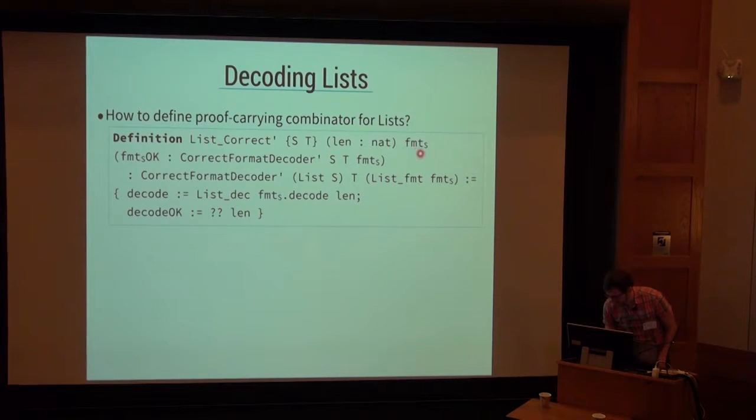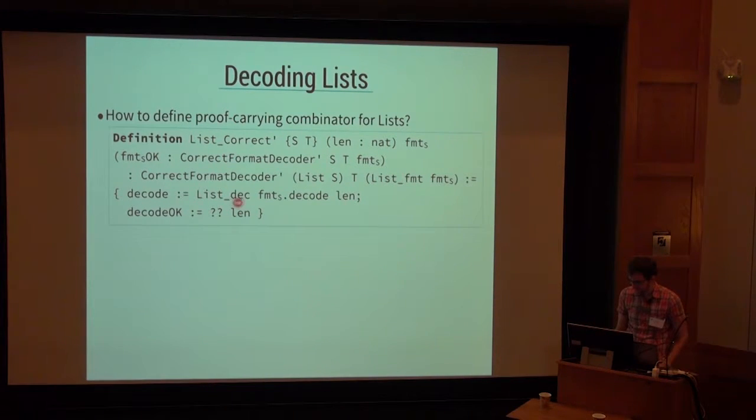So now I'm going to take a format and a witness that that format is correctly decoded by something, and given those, I will build the elements in the list, and I will use that to build up a decoder for an actual list, and for the format that's defined by using the formats for all the sub-elements. Okay, so maybe good so far.